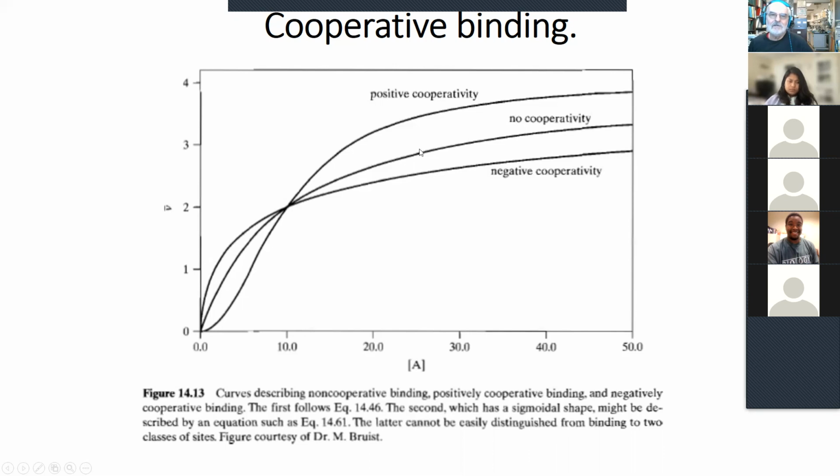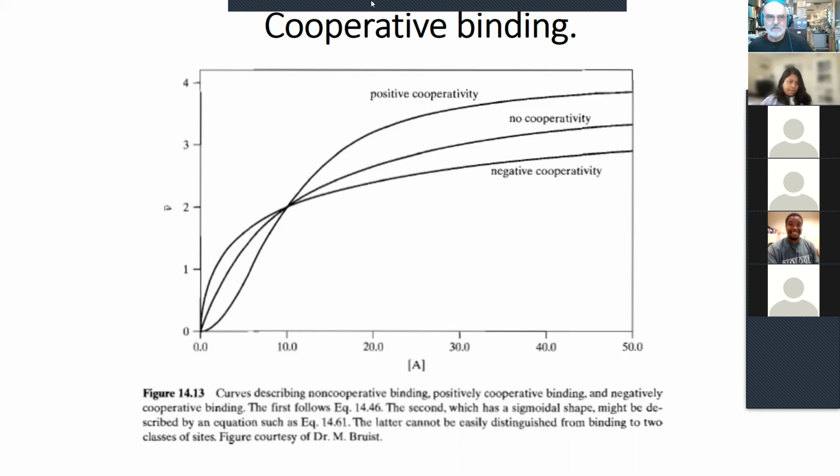The simple binding isotherm may be obvious to you. You're used to seeing this as a comparison of myoglobin and hemoglobin, but in this case, all of the Ks basically have the same binding affinity.